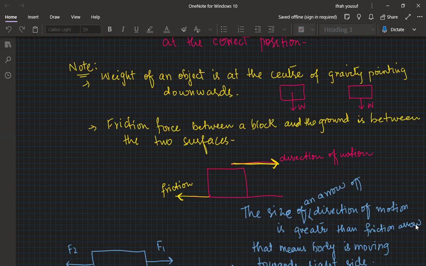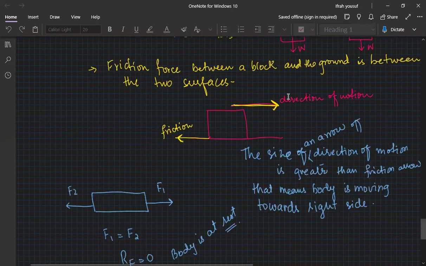So the direction of the motion, as I have shown here with one arrow, is larger than the friction arrow. So we can understand that the forward force is greater than the backward force, and the backward force here is the friction, right?